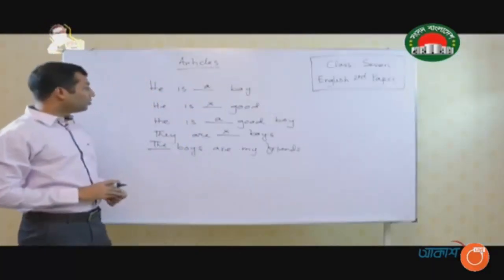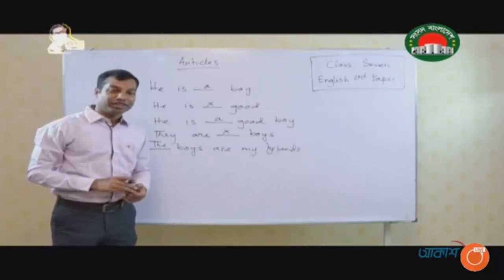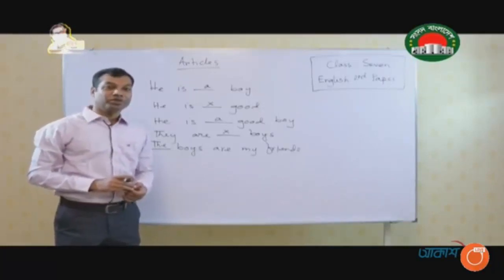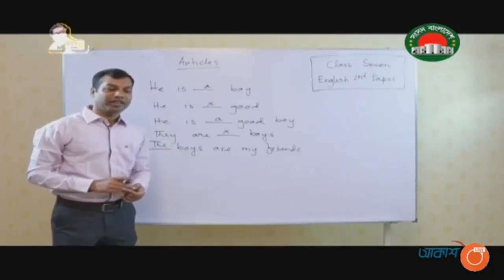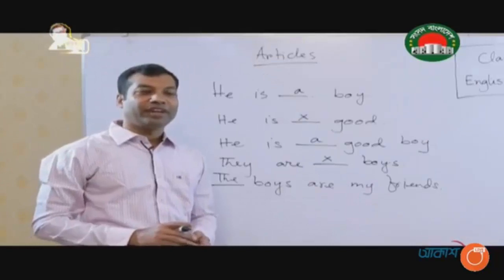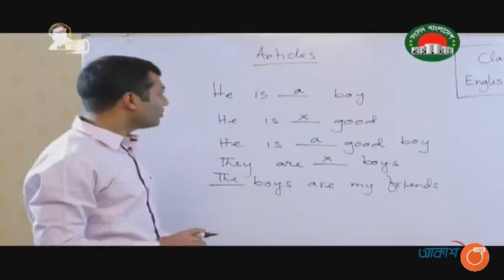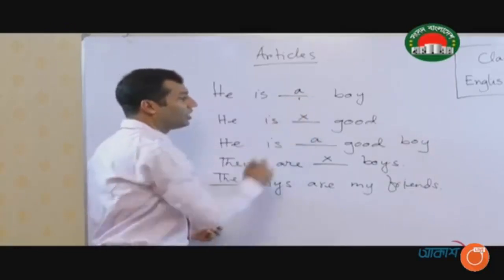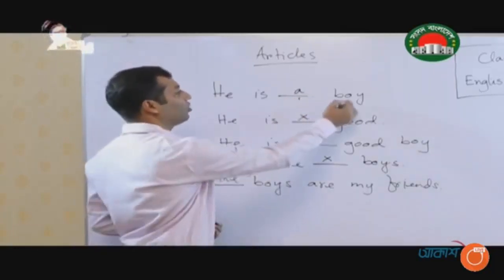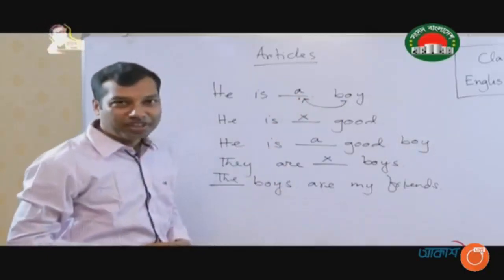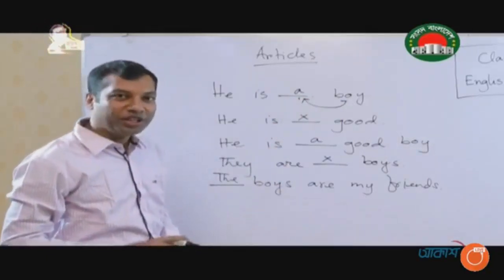As we are going to learn articles, at first we have to understand what an article is. I think as you learned about articles in class 6, you know about them at least a little. So articles are the words which take place before the noun and indicate whether the noun is definite or indefinite.